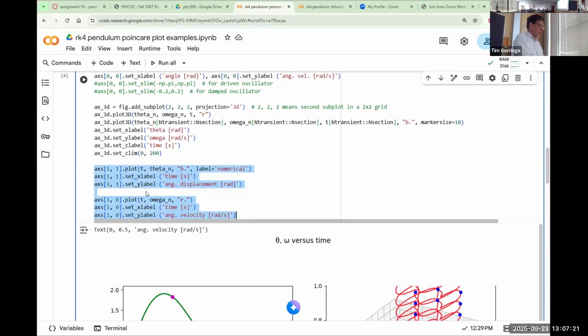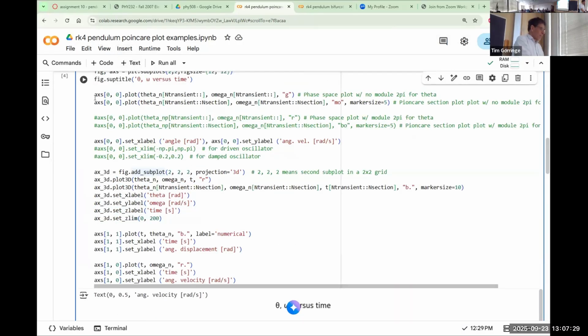These two plots, in row number 2, are the old dependent variables versus time plots. I won't say any more about those. This plot here is the traditional phase space plot and the traditional Poincare section plot.